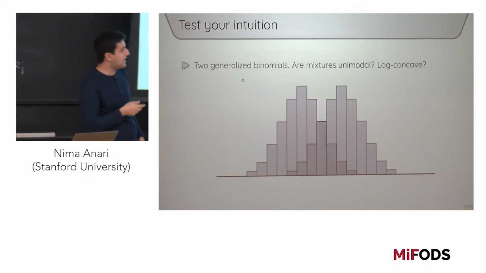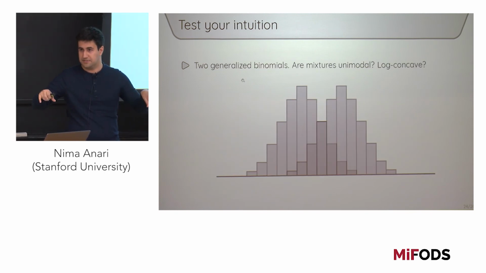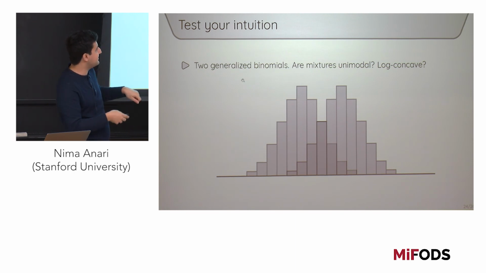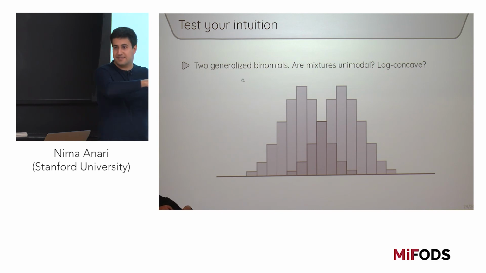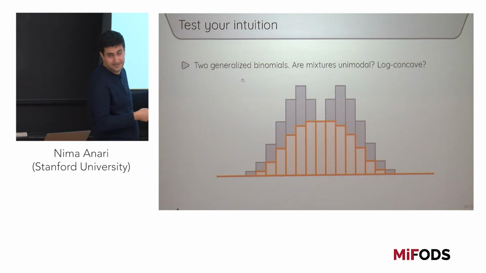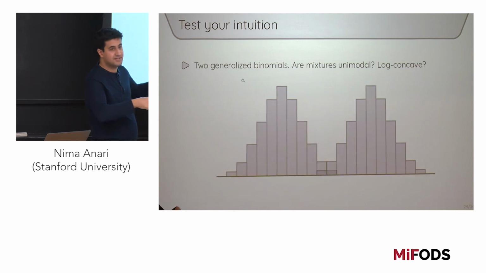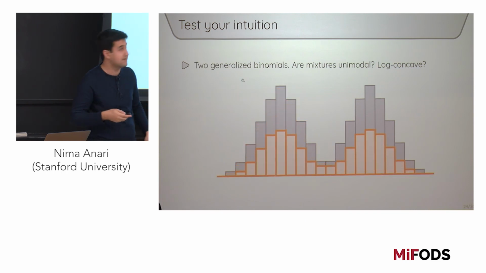The same phenomenon happens when you're looking at sums of independent Bernoullis. Okay. If you only care about log concavity or unimodality, if the distributions are within some constant times the standard deviation of each other, you can always have log concavity or unimodality. But when the distributions are bounded away by more than a constant times the standard deviation, you can have bimodal distributions, right?